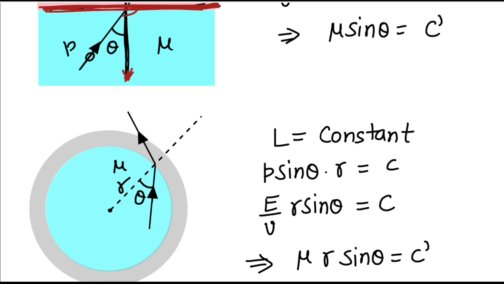So the interface of these two spheres here. And since the force acting here at this interface, let's say the photon is going along this line, and after a refraction it goes along this line. Here on the inner side, the refractive index is mu, and angle of incidence with the radial line is theta, right?